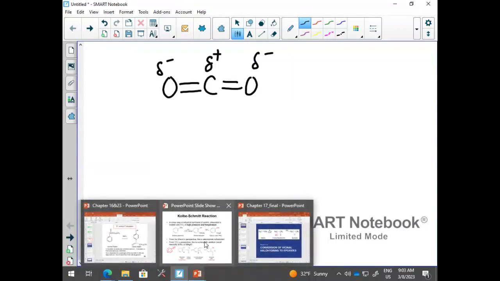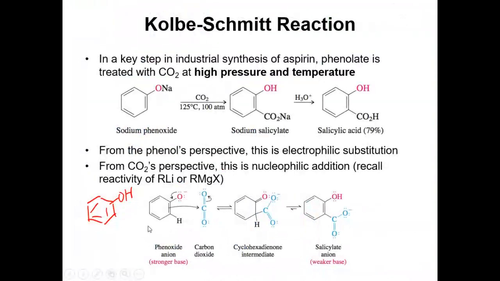But anyway, phenoxide is about 10,000 times more nucleophilic than phenol. So it can react with carbon dioxide, because phenol is an okay nucleophile, not great, but phenoxide is actually a pretty good nucleophile.